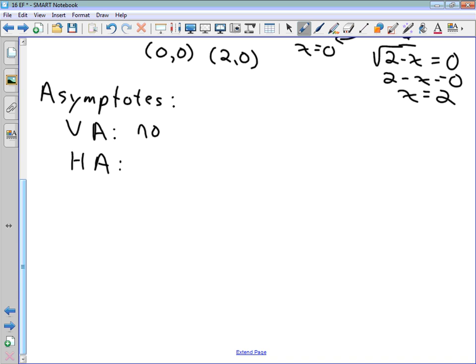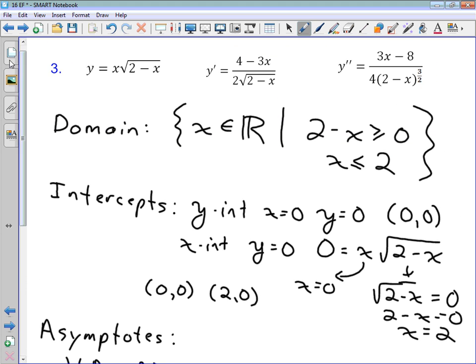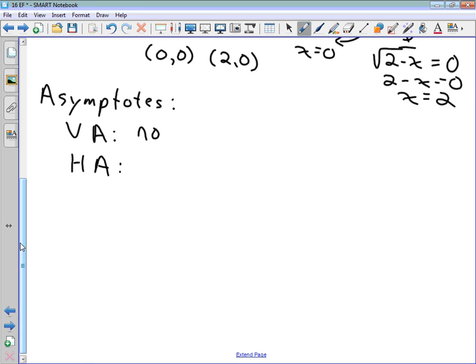Horizontal asymptotes. When you don't have a rational function, thinking about it in terms of horizontal asymptotes and vertical asymptotes doesn't make a lot of sense. So let's instead just think about what the horizontal asymptote tells you, which is what your function does as you go to positive infinity or negative infinity.